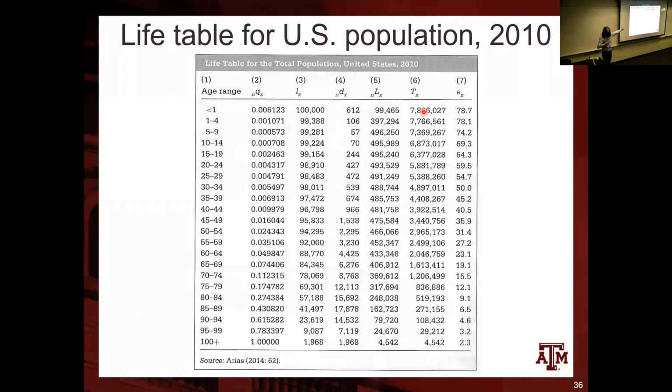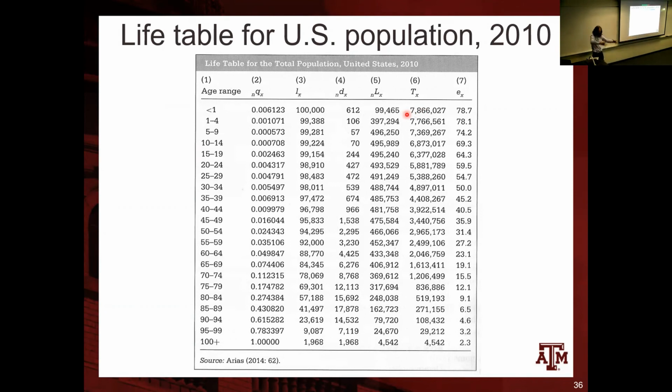Where is this information in the life table? What do I have to do to get the same? Which number do I divide by which number? The overall number of years is which one in the life table? 7.8 million, right? This number, 7,866,027.